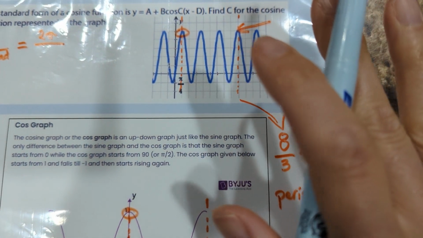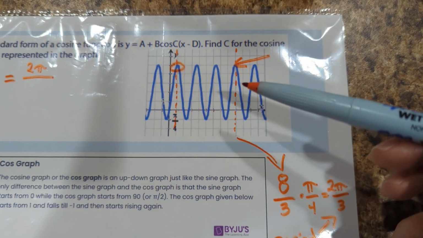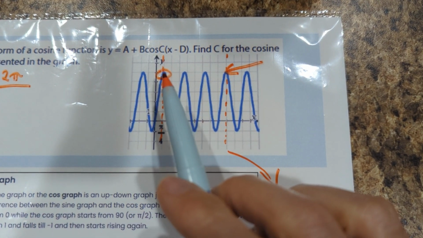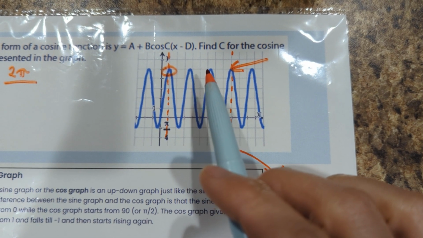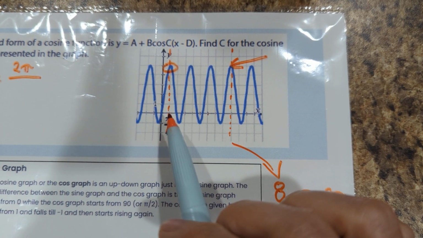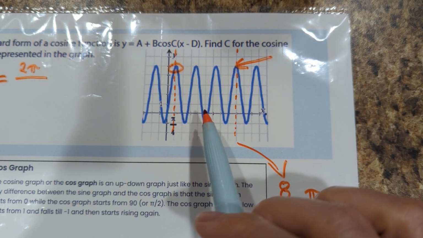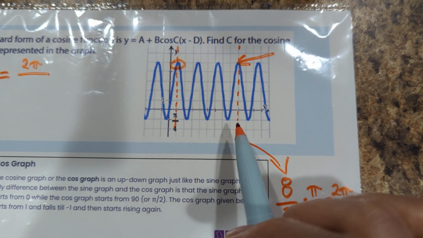All right, so the reason I said this one is awful is because if you look at the peaks, they don't cross anywhere that we can identify until this one. So that means you have to go 1, 2, 3, 4, 5, 6, 7, 8 tick marks over.